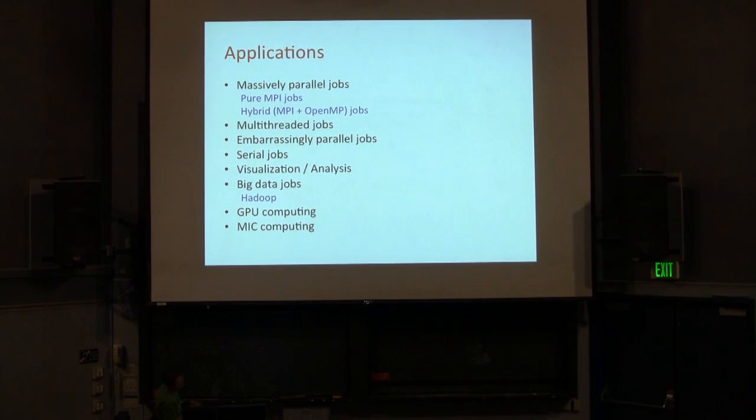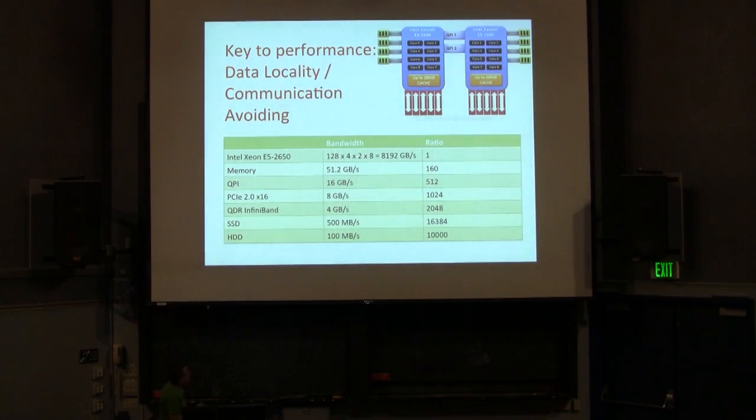In that case, on this kind of architecture, instead of starting 16 MPI processes per node, you start 2 MPI processes, one per NUMA node, one per CPU. Then for each MPI process, you start 8 threads, 8 OpenMP threads or POSIX threads.